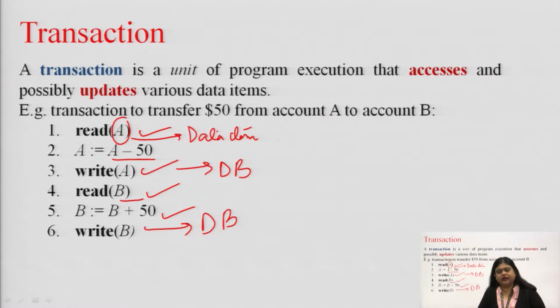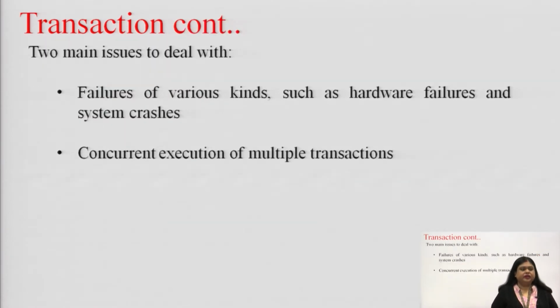So, this is a transaction where we are reading something from the database, making updates to it and writing it back. When we talk about such transactions, there are some problems that we face when different transactions are taking place at the same time. There are mainly two issues. The first issue is failure of various kinds, such as hardware failure or system crashes.